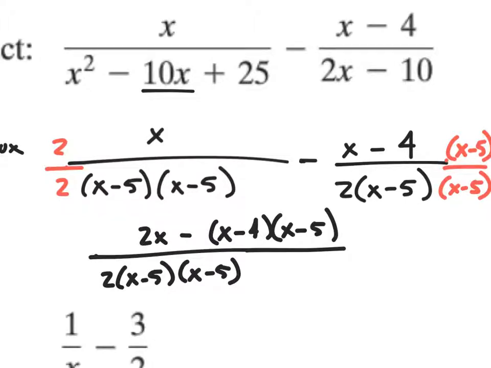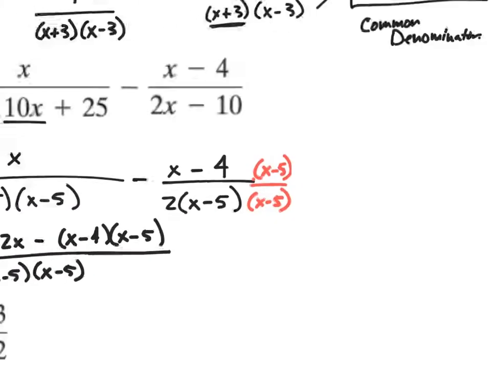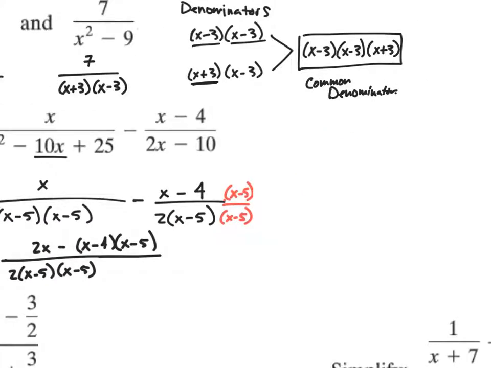Now I can't divide anything out yet because I need to combine my like terms up here. So let's move this all the way up here. I've got 2x minus x minus 4. Actually, hold on.